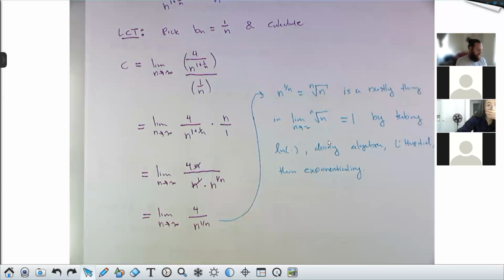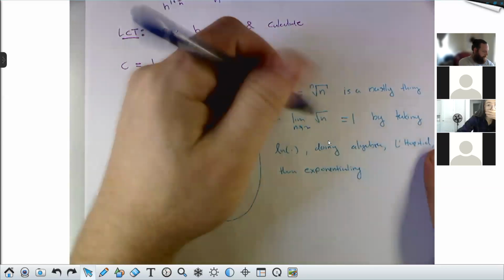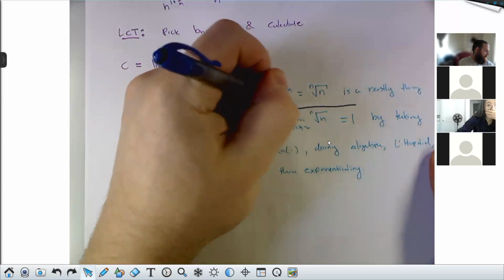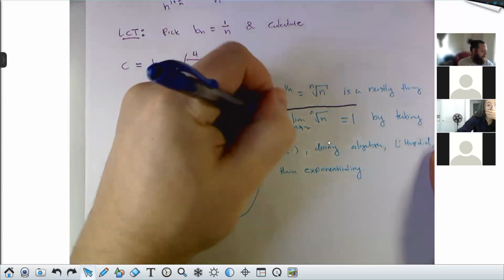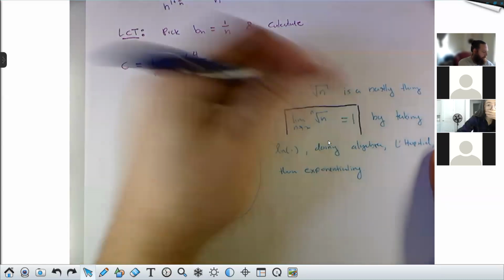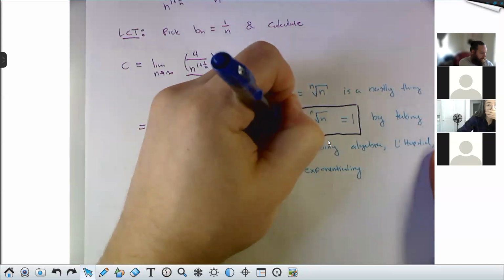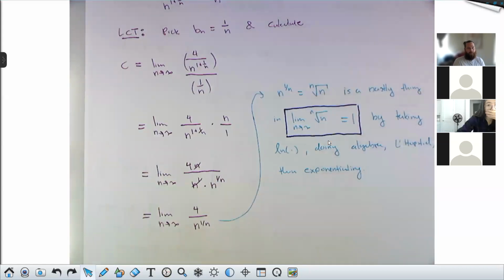This limit is one that I recommend you commit to memory. I'm not a big fan of saying memorize stuff, but this is one of those things, because working it out each time it's needed is not a pleasant thing at all. You should work it out once, but then remember it.